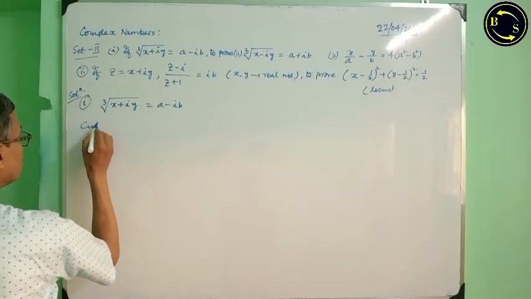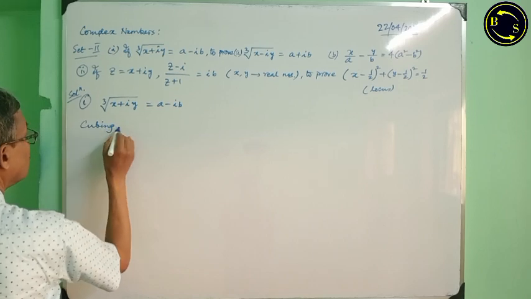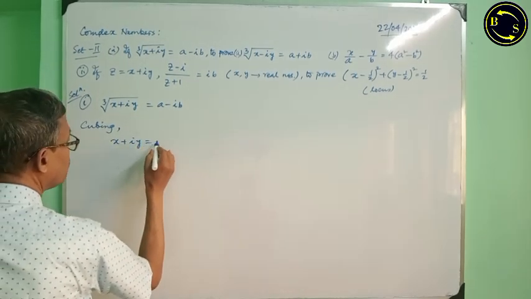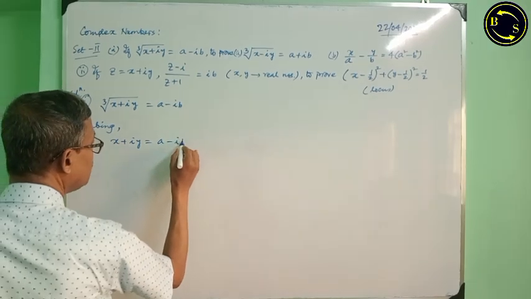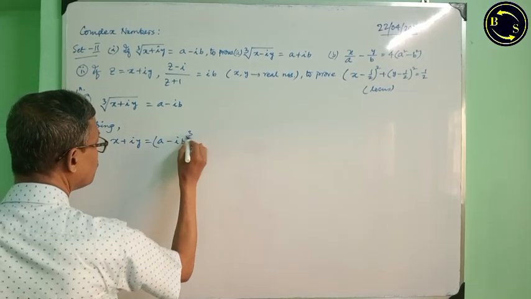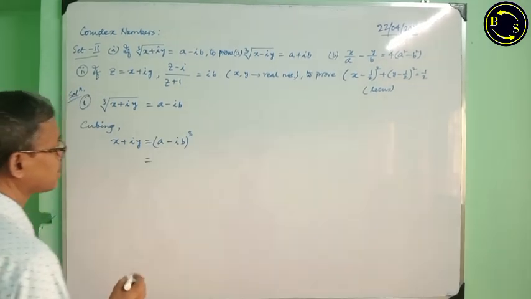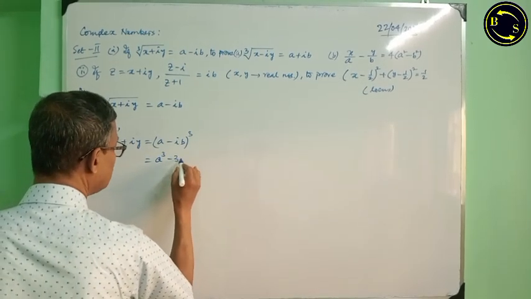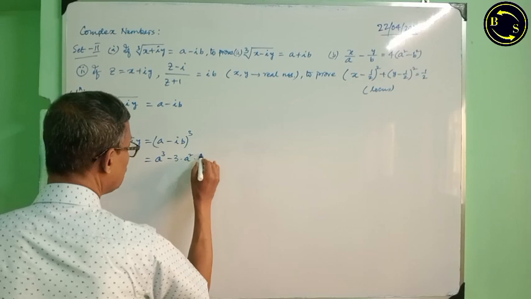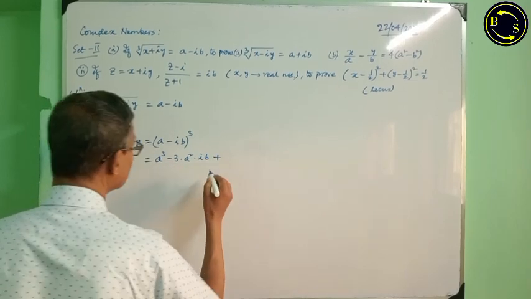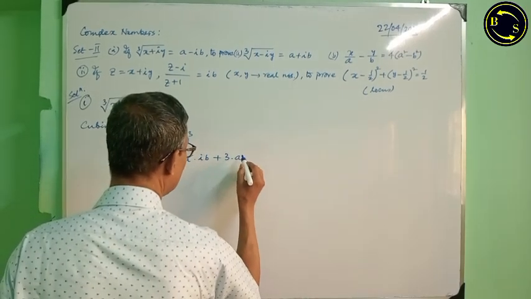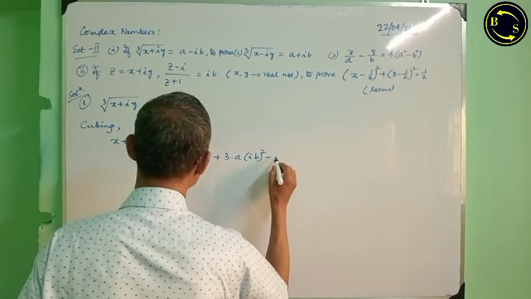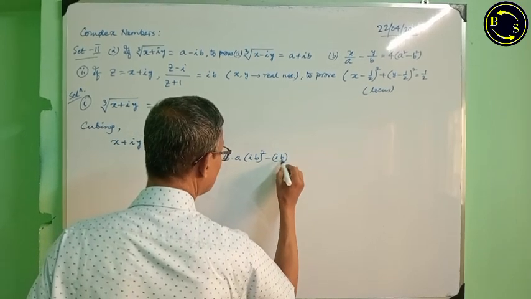Cubing, x plus iy will be equal to a minus ib whole cube. Now we expand: a cube minus 3 into a square into ib plus 3 into a into ib whole square minus ib whole cube.